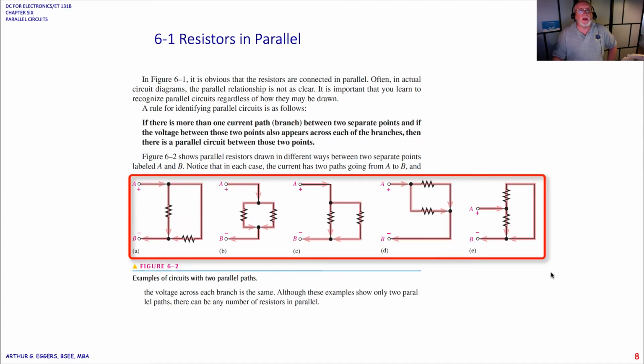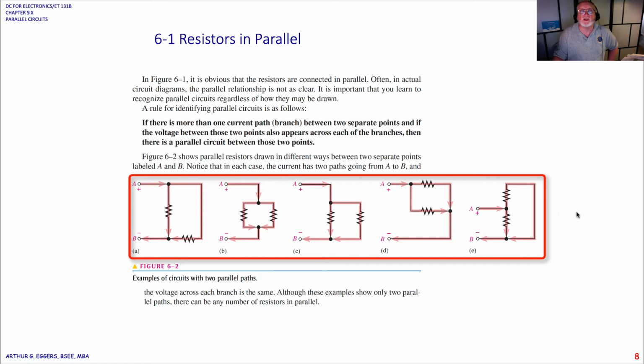So when we look at current in parallel circuits, it can be represented in numerous ways. In this case, it may look like something strange going on, but it's actually just two resistors in parallel. Same thing here, same thing here.